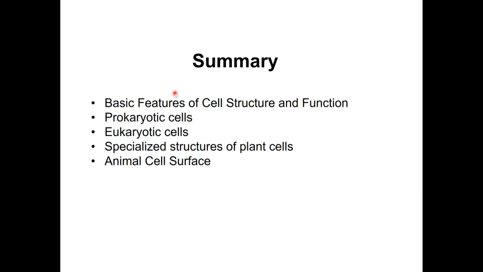Then we talked about the shared basic features that all living organisms, prokaryotes or eukaryotes, have: the cell membrane, an area dedicated to the DNA, and the presence of a cytosol. And then we went into the specific structures present only in prokaryotic cells, eukaryotic cells, and then we finished up talking about plant cells.